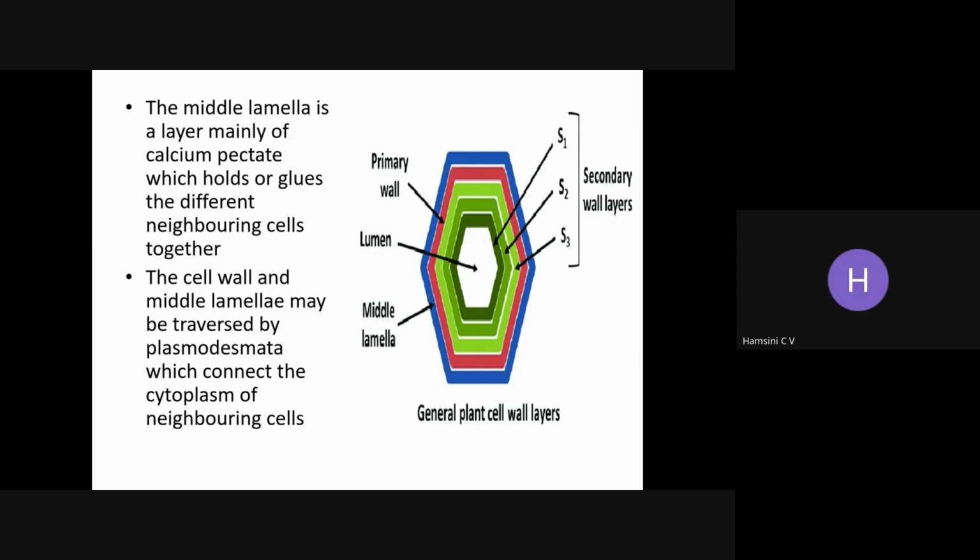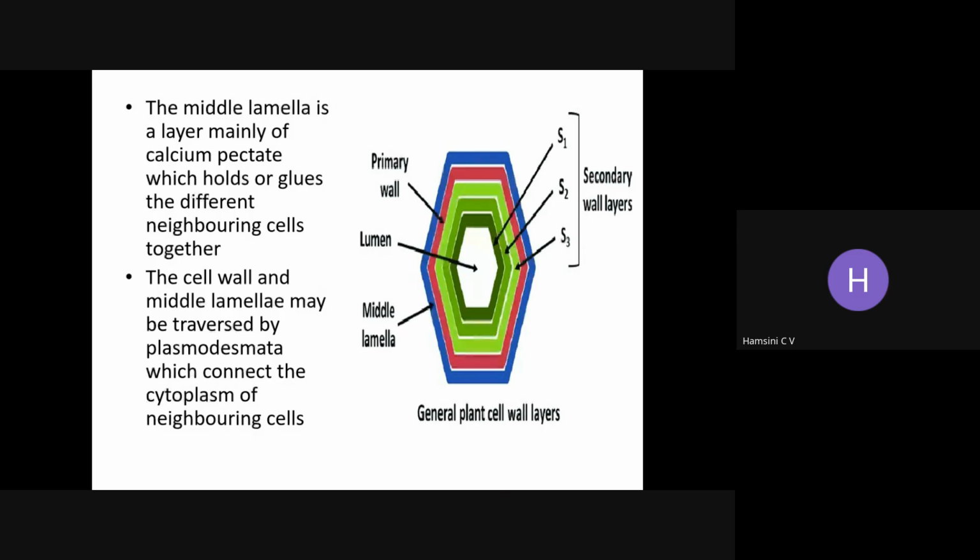Yes. So this blue color line what you are seeing is middle lamellae. Middle lamellae is made up of a chemical called calcium pectate. It is like a glue in between two cells. Just a second, I will show you.